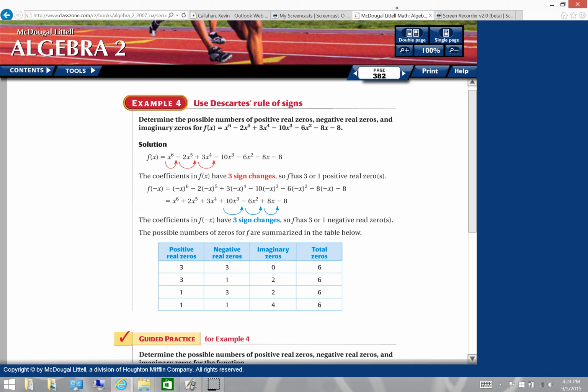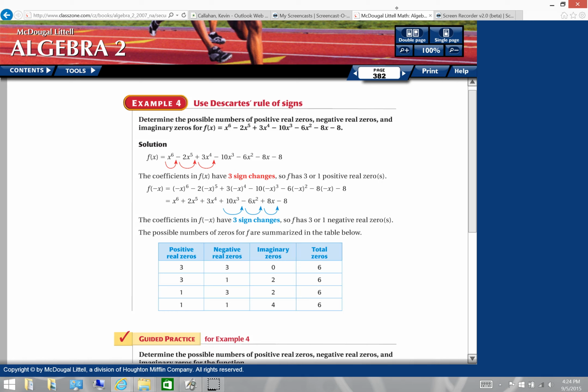Descartes' rule of signs says that if you count the number of changes in sign in the polynomial function, that is the most number of positive zeros you would get. And if it's not that number, it has to be less than that number by an even number. So for example here, the first term is positive, the second term is negative.